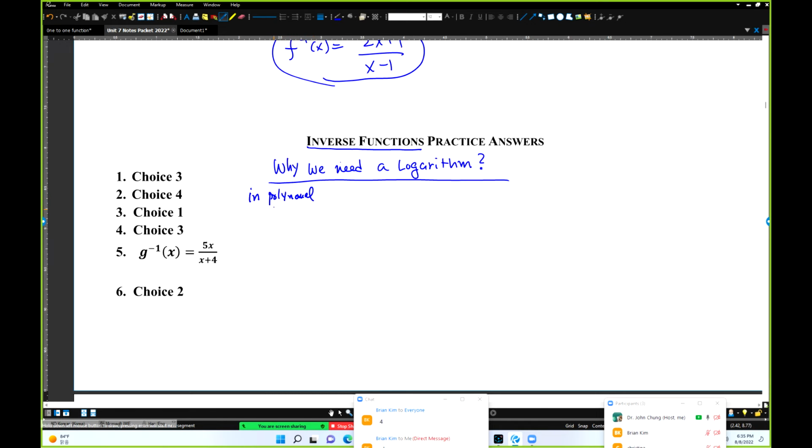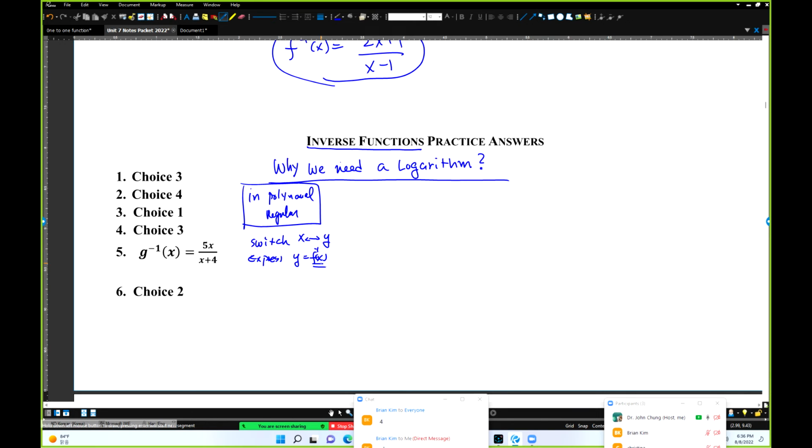In regular functions, we know how to find the inverse: switch x and y and express y in terms of x. Okay, that's the inverse.